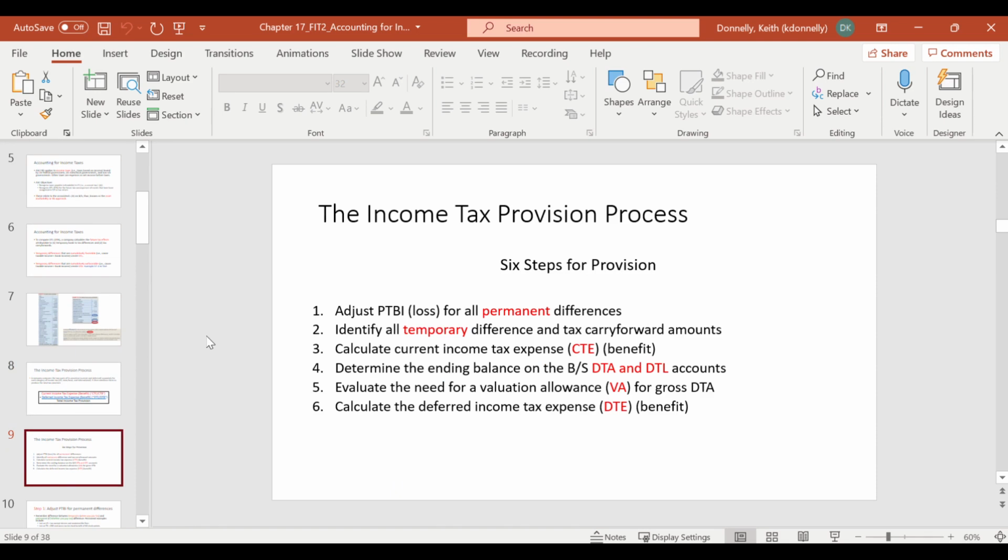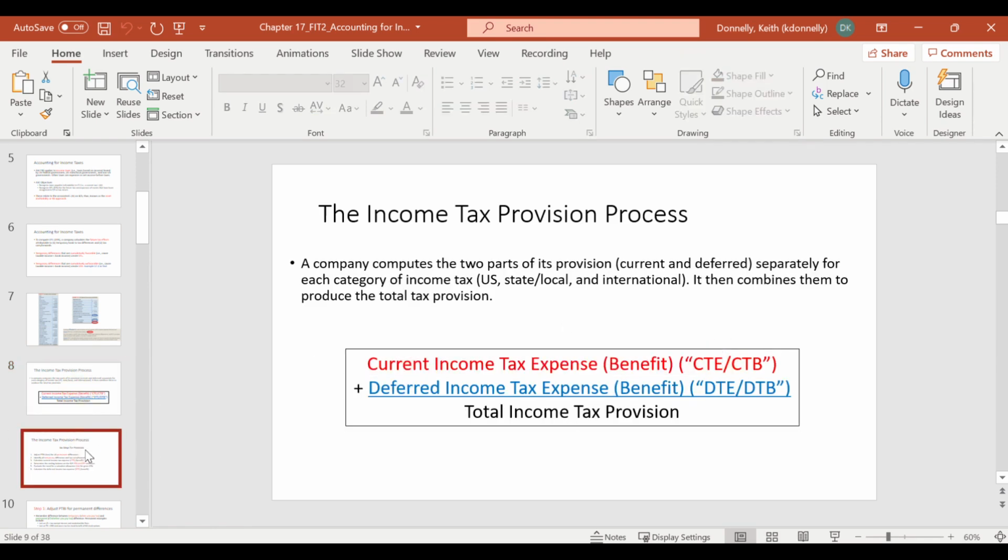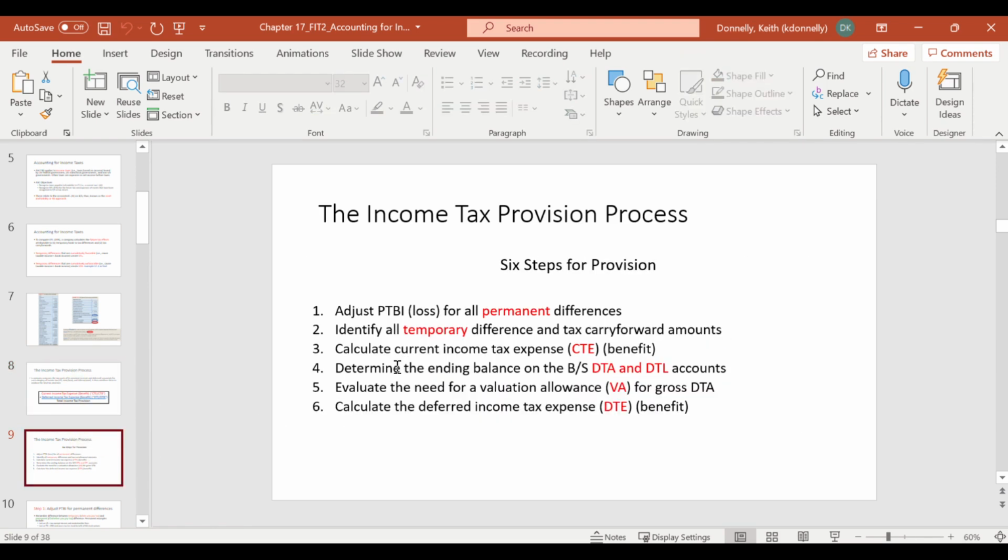How we actually calculate that, right? The book gives us 6 steps. The first thing is we're going to adjust our pre-tax book income for perms. Then we're going to identify temporary differences, calculate our current tax expense, right here, determine our ending balance for our deferreds, our deferred tax asset, deferred tax liability, see if we have to have a valuation allowance, and then calculate the deferred income tax expense or benefit.